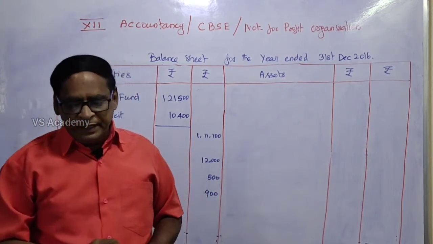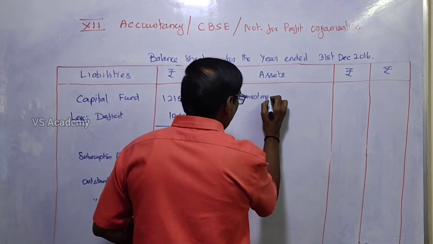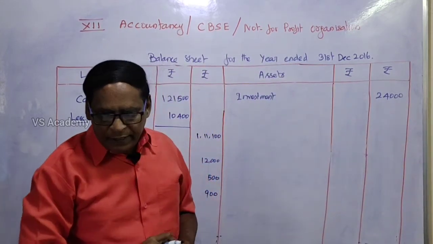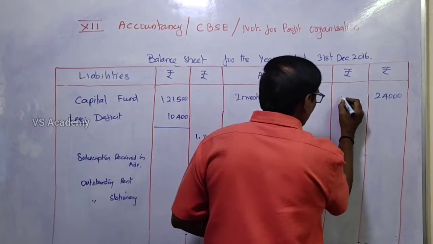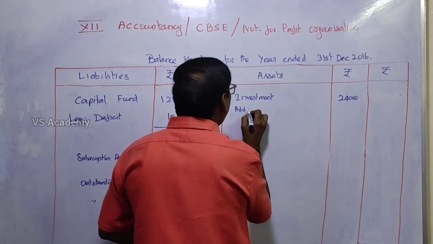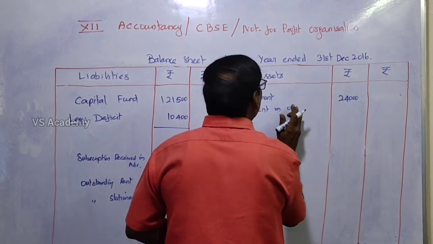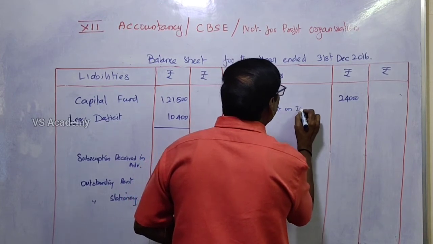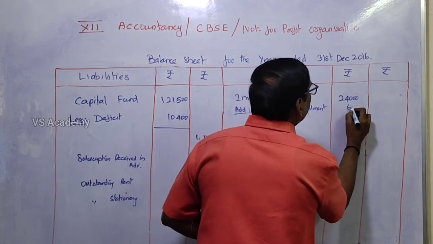And then on the asset side, investment 24,000, and then we have to add the outstanding interest on investment, 600 rupees.